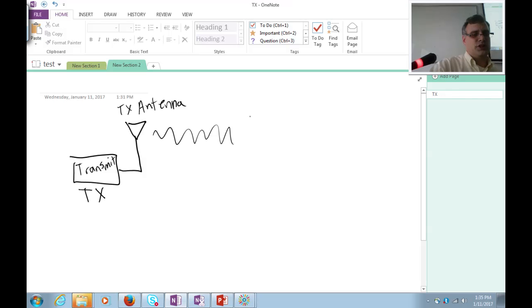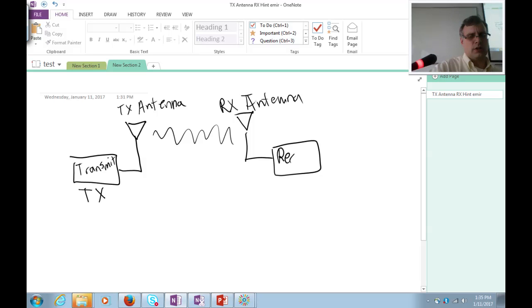It looks like a bent coat hanger, which harkens back to the old days of RF when you could just bend a coat hanger and make it pick up the radio station that you wanted. And then you have a receiver, which I will hereafter abbreviate RX. Okay.